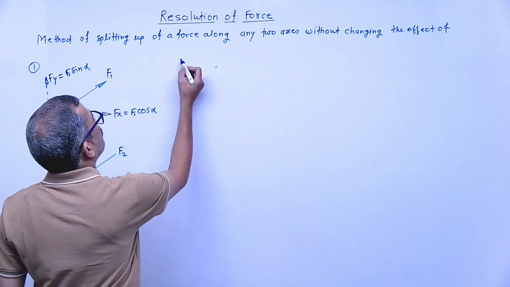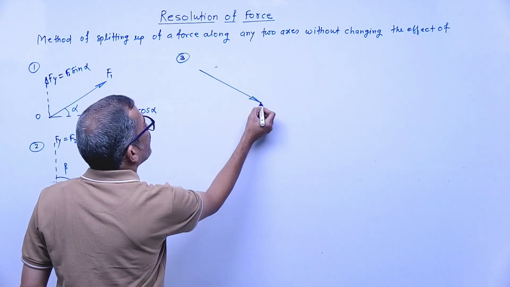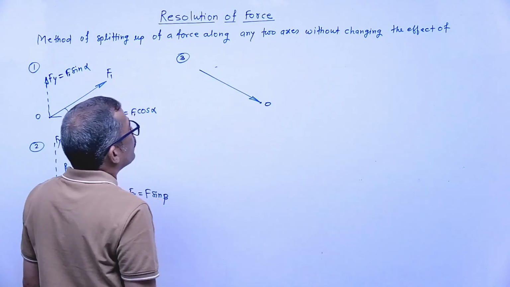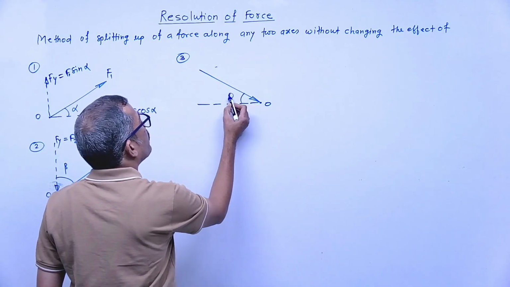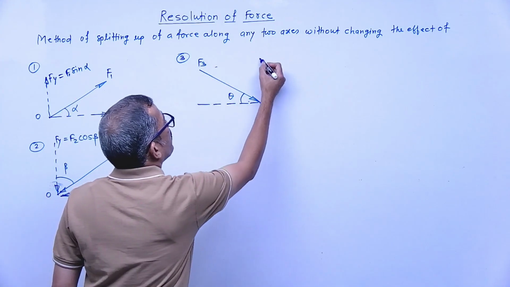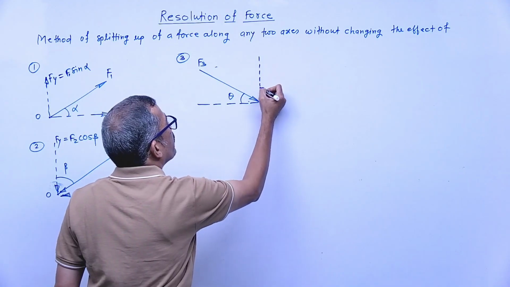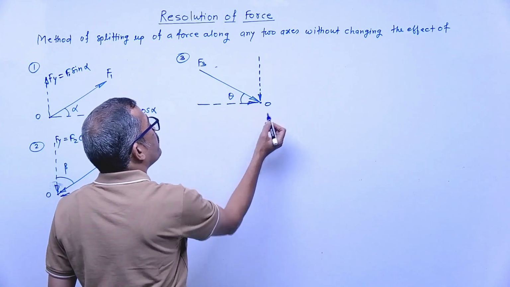See, 1, 2, now 3. Now I will represent force something like this. This force is acting at this point, say point O, and its inclination is given with horizontal. Force is F3. So what is the direction of components? Nature of force is towards, so components must be towards.